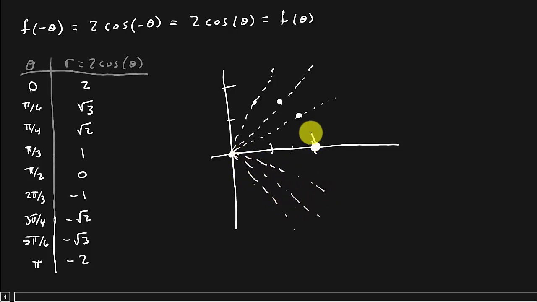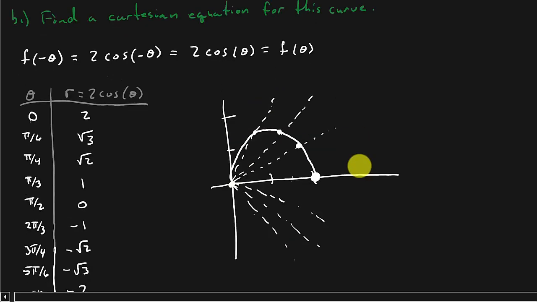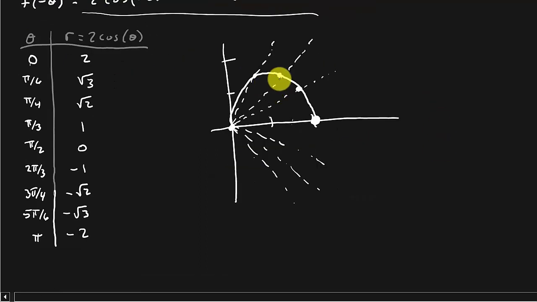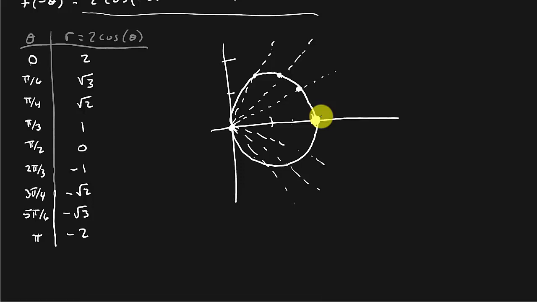But look, if you draw this, we know that it's symmetrical about the polar axis. So this is just going to come down here like this. And it's basically a circle. That actually looks a little better than I thought it would. But yeah, there's your graph.